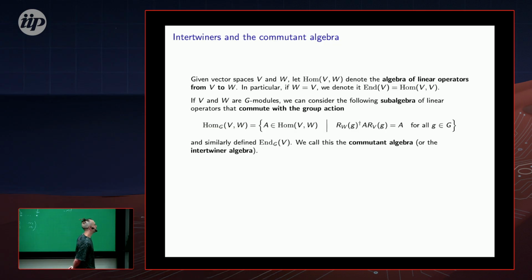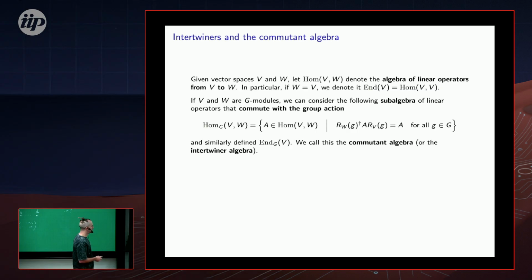If V and W are also G modules, we can consider a subalgebra of all linear operators, selecting only those that commute with the group action, as defined here. So this new set, Hom_G(V,W), is those A in Hom(V,W) that satisfy the equation on the right, for all group elements. If I conjugate, I get the same thing. They essentially commute with the group action.